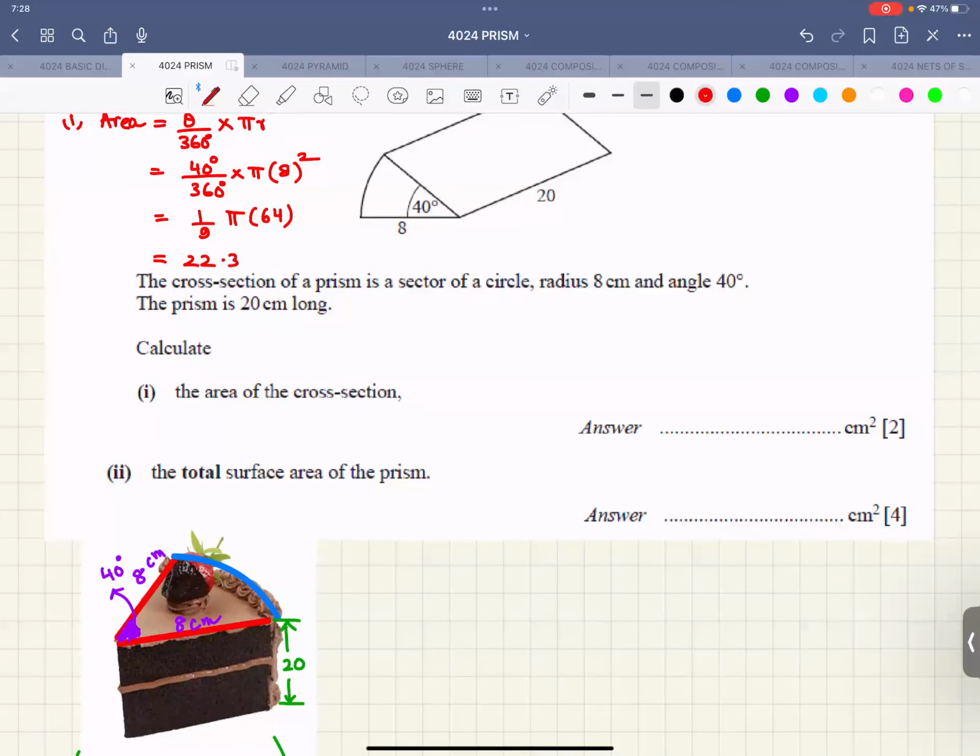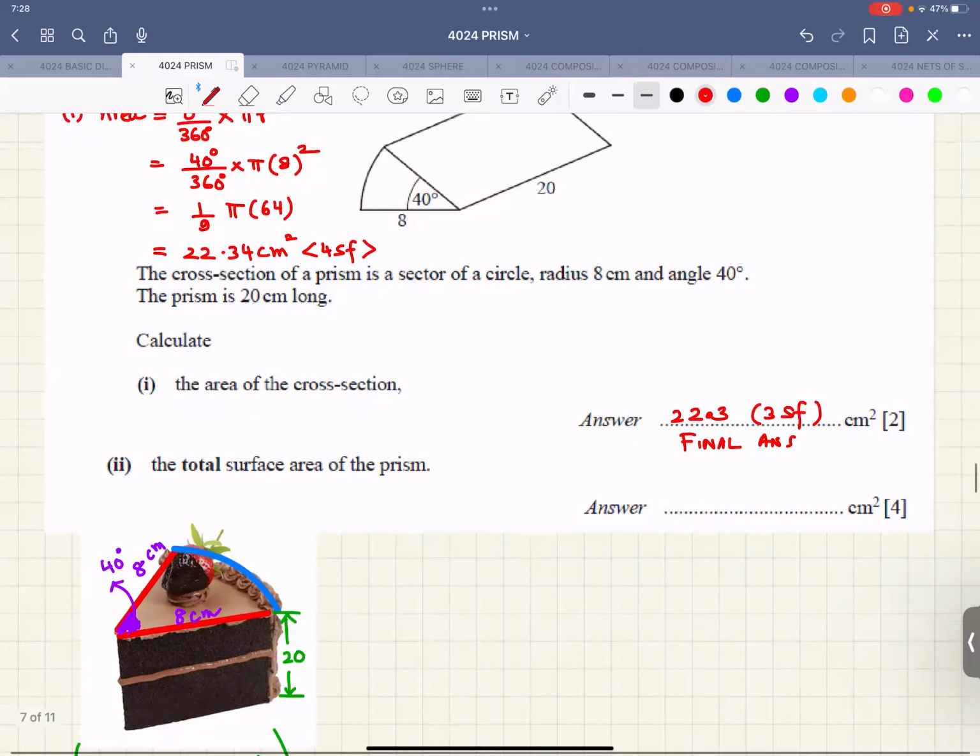This is 22.34 centimeters square, but when I write it over here, I'll write 22.3 centimeters square, correct to 3 significant figures. This is a 4 SF value. Final answer, 3 SF.